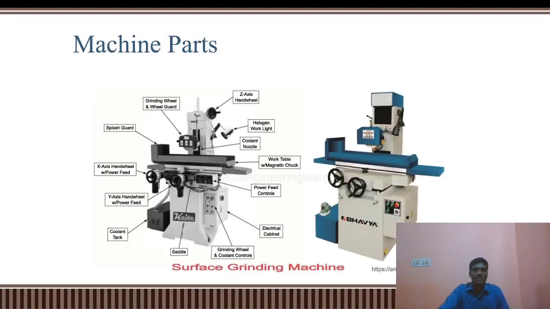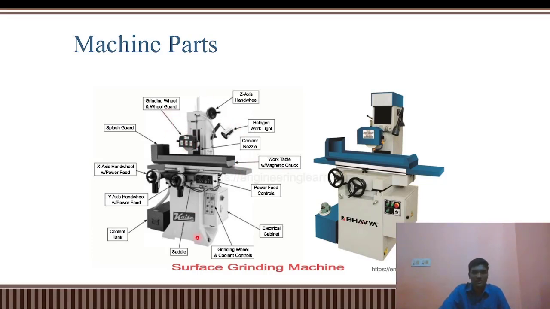And the machine parts. These are a few machine parts involved in a surface grinding machine, and the main part is the work table with the magnetic chuck. This is the new thing we see in this kind of special machine, and the grinding wheel is mounted over here.